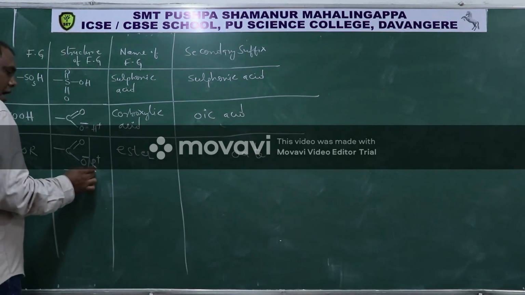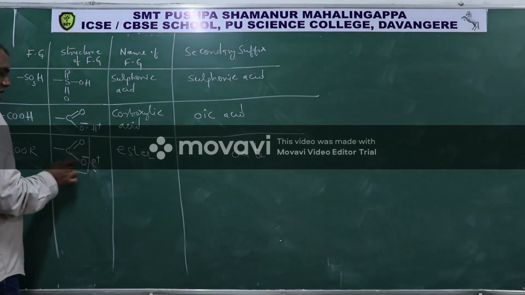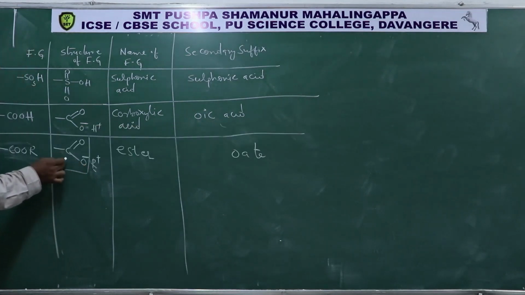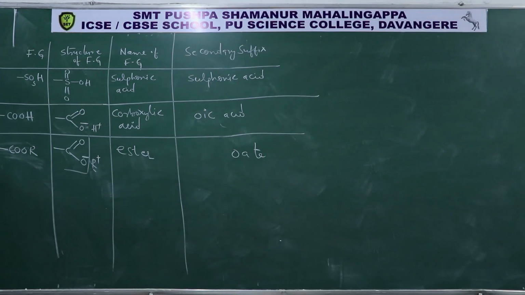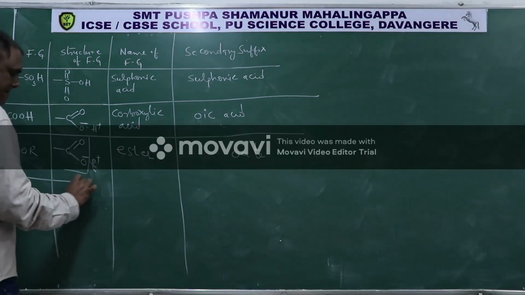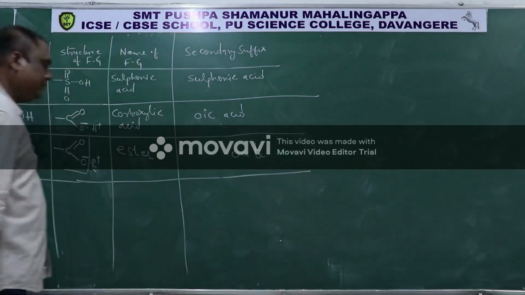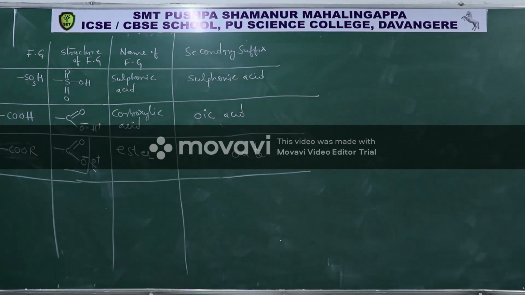So secondary suffix of this part will become anoate, enoate, like that, oate.